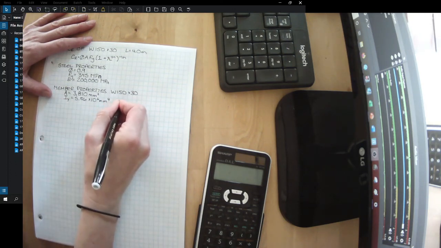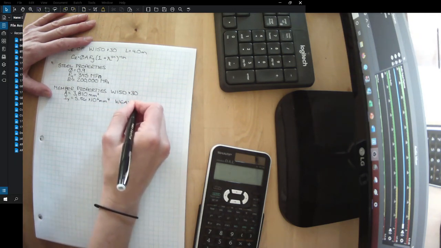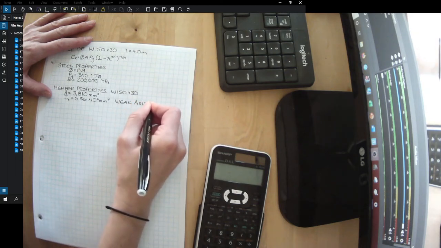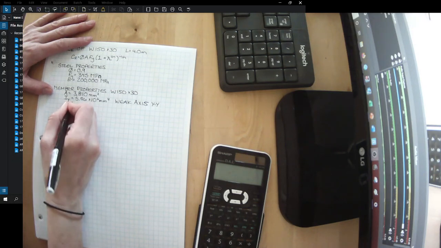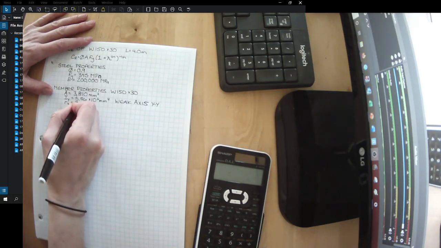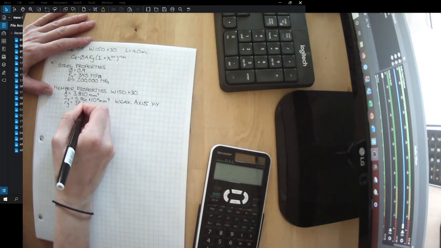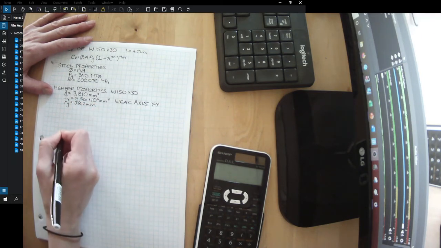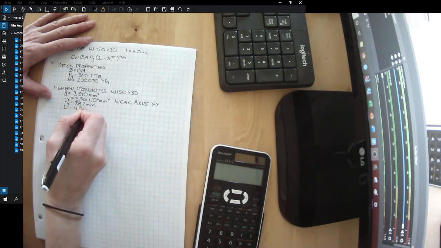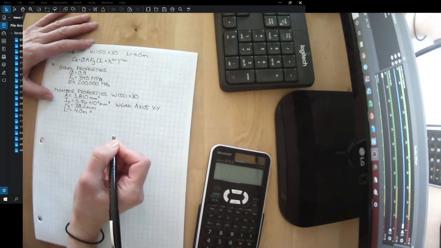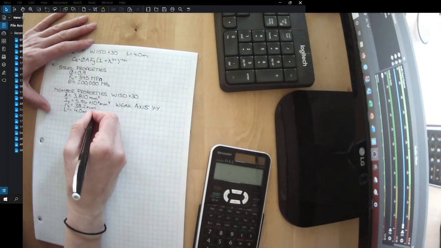Remember, this is weak axes because it's the YY axis. And R is going to be the RY as well, 38.2 millimeters. Our length is 4 meters, but we know we're going to be ending up talking about this in millimeters.